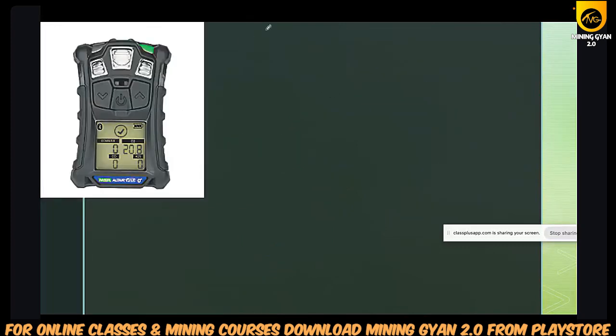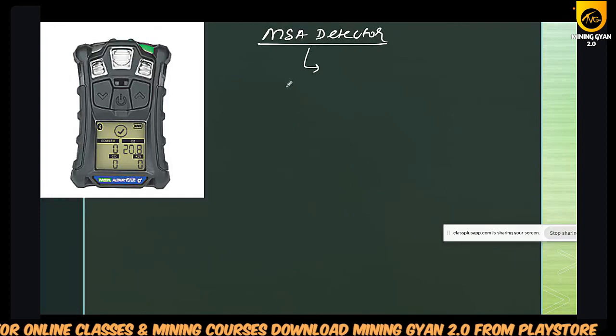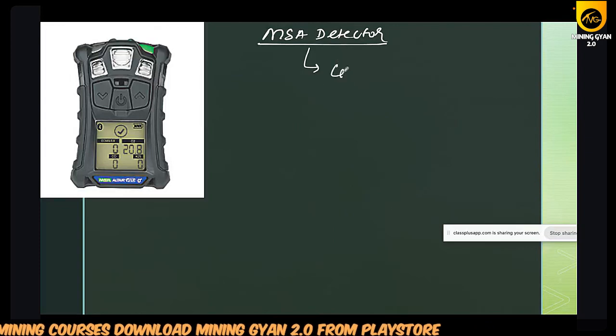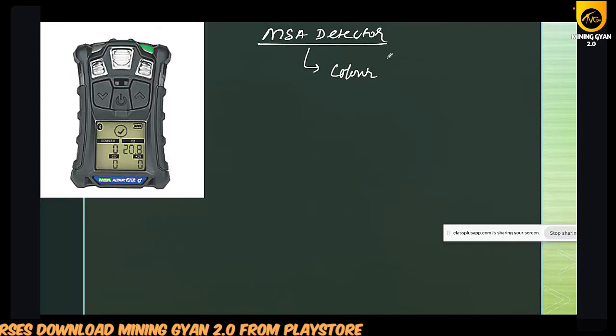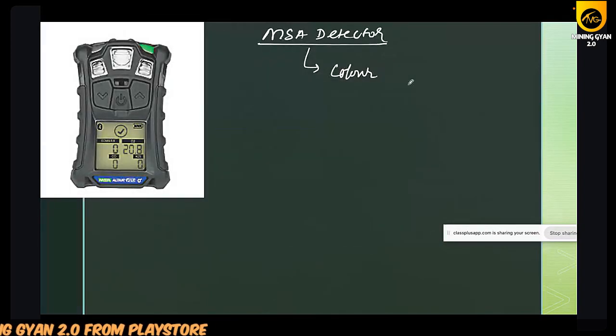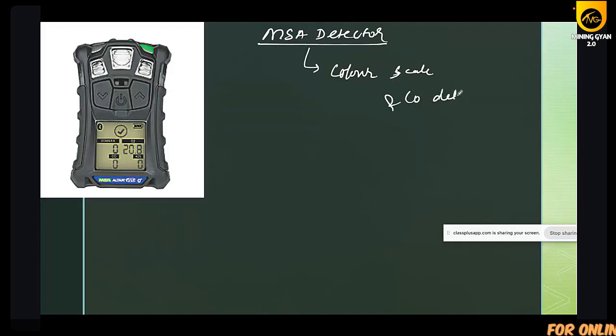Now the MSA detector is also used for CO detection. In the MSA you have a color scale and a CO detection tube.